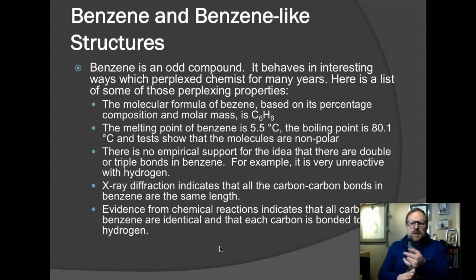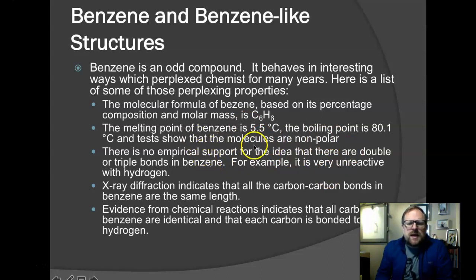It didn't show any indication of a triple bond. It showed indications of double and single bonds, but they had trouble determining where that came from. The other thing is the melting and boiling points of benzene, at 5.5 and 80.1 degrees, a relatively wide range and relatively close to water, give or take a little.